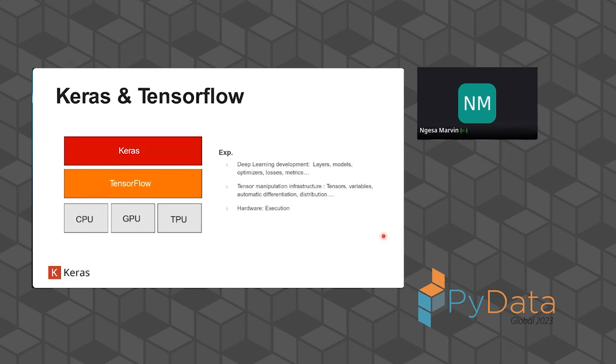But what happens in the background is that TensorFlow will give you an infrastructure that you can use to do the tensor manipulations, or rather an infrastructure that can help you do automatic differentiation. And on top of it, it can also give you GPU acceleration. But you may also want to think about TensorFlow as not just a tensor manipulation infrastructure, or not just an API, but as an entire platform.